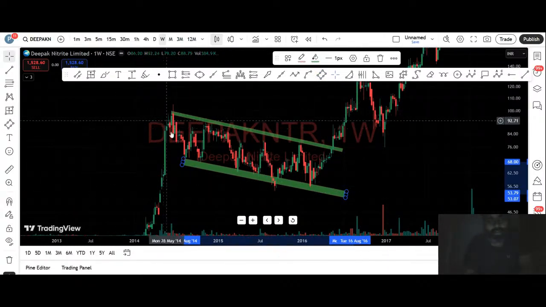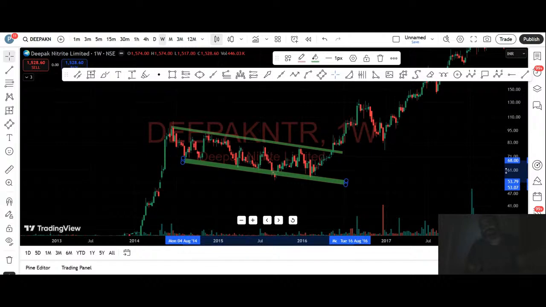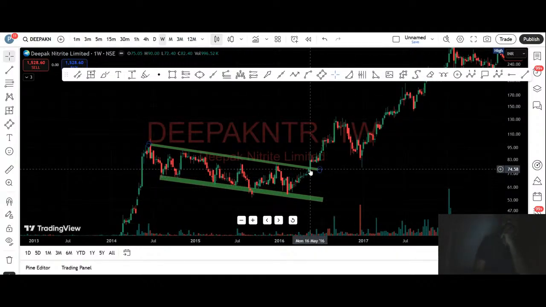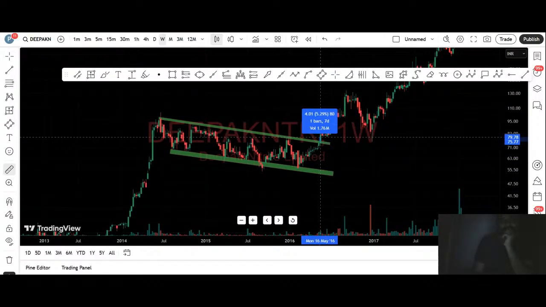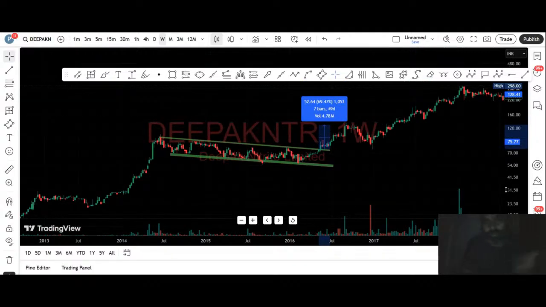This is an overall downtrend, or what we call a flag. Demand is increasing, supply is also increasing. So this is a range. Whenever demand overcomes, thereafter how much rally happened in Deepak Nitrite? After this breakout point, see, how much? A 52% rally. This is the weekly time frame in Deepak Nitrite.